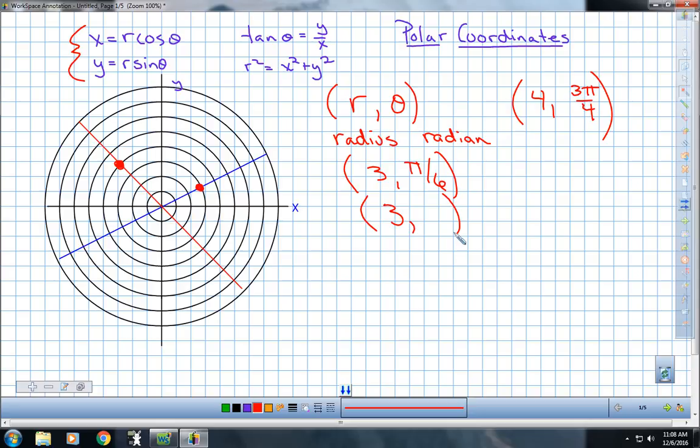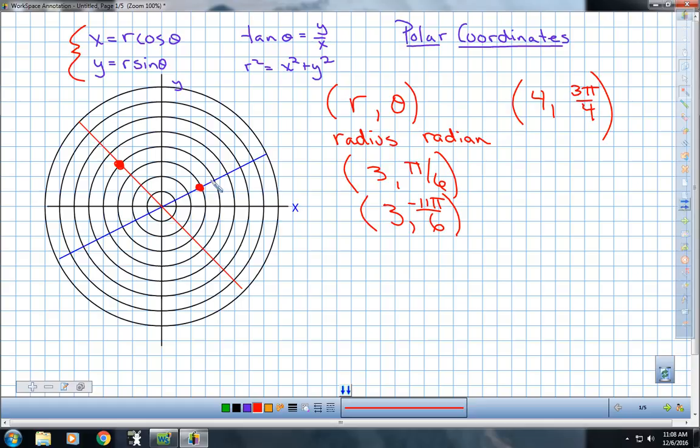Renee? Yeah, negative 11 pi over 6. Everybody agree? If I go in a negative direction, that puts me pi over 6 away from negative 2 pi, which is in fact negative 11 pi over 6.